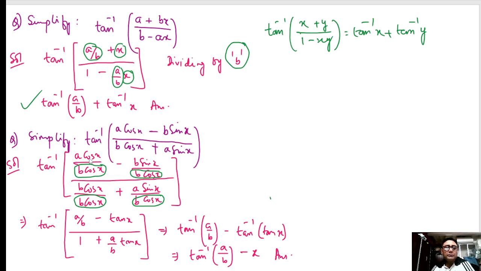So this becomes a by b minus, this becomes tan x, this becomes 1 plus a by b tan x. So it is looking like the same sum above. So the formula of this is tan inverse a by b minus tan inverse of tan x. Tan inverse of tan x is x. So this is my answer.